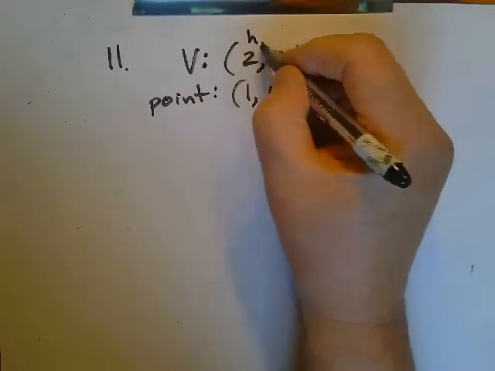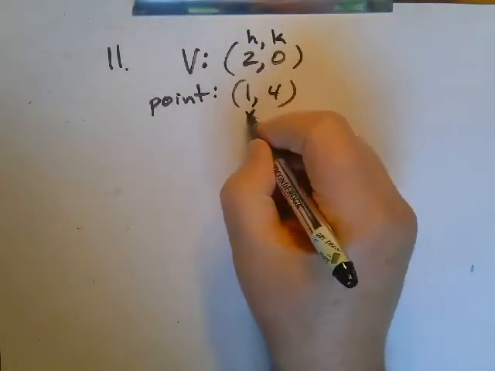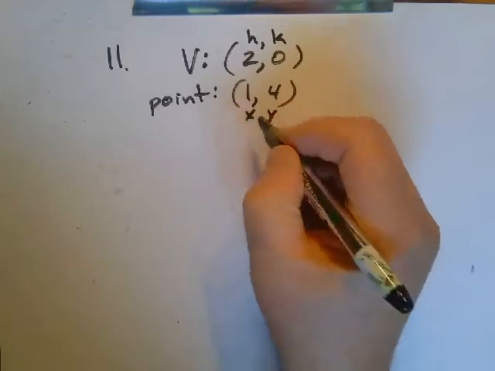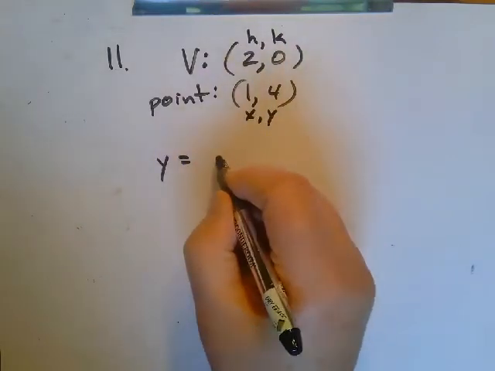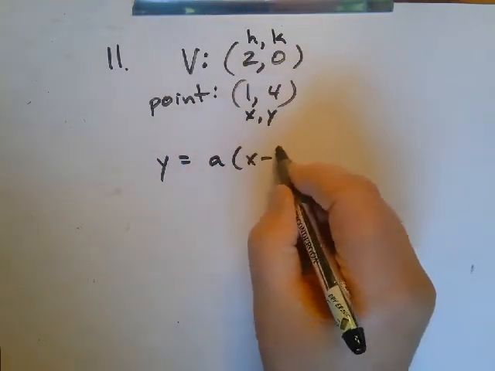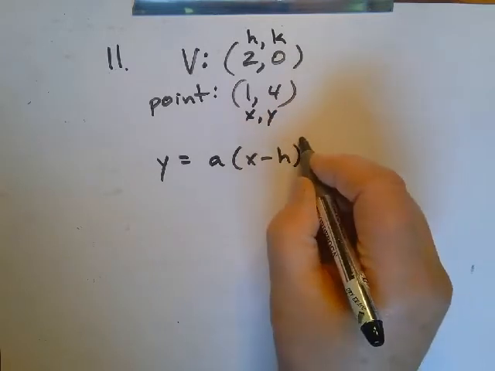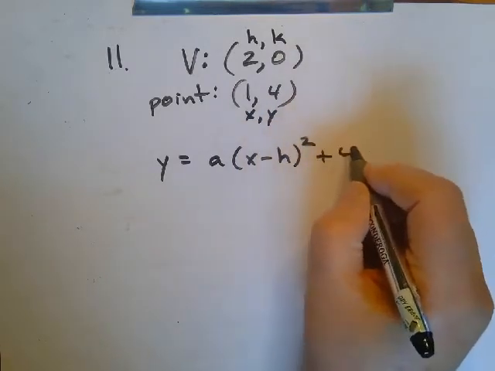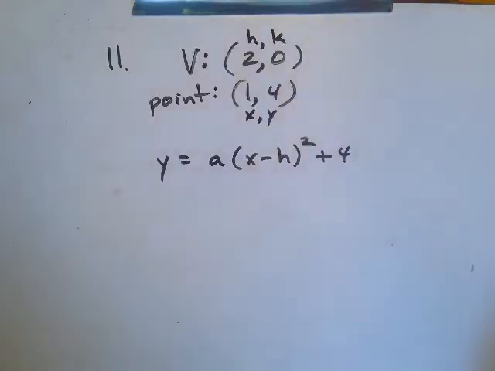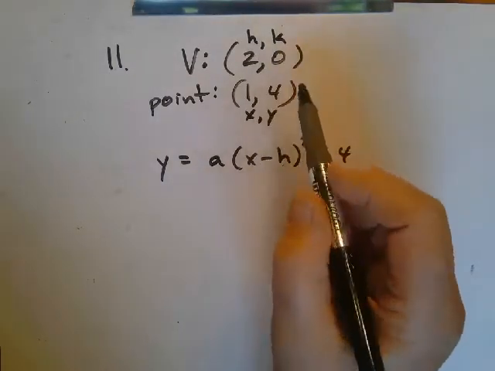This is h and k because it's the vertex, and this will be x and y because it's some other point. So here's our form. We don't know if it opens up or down yet, and we don't know whether it's been stretched vertically or squashed down vertically. Okay, so let's plug the values in here.